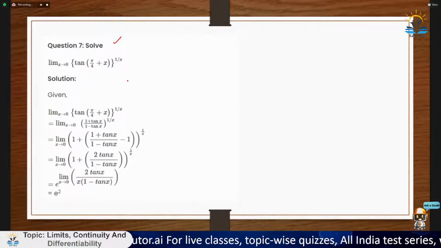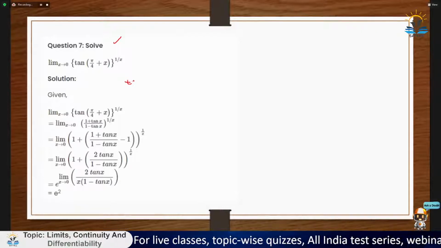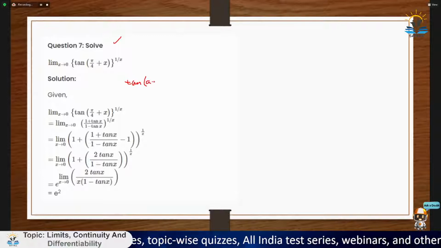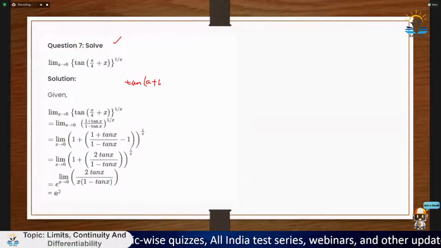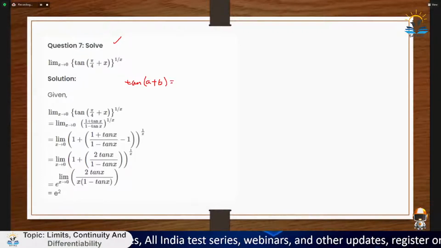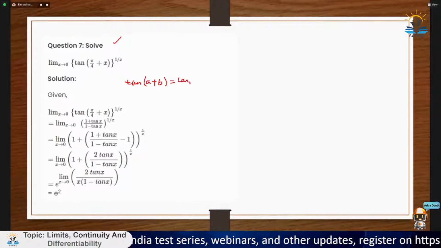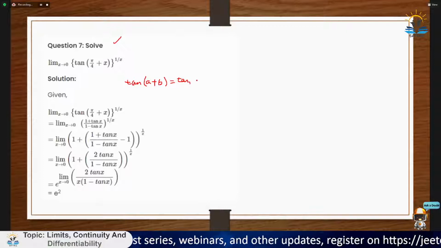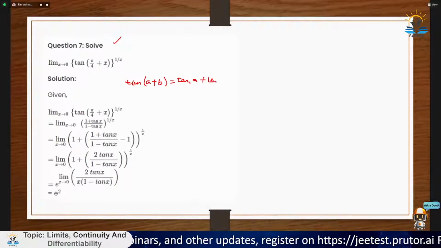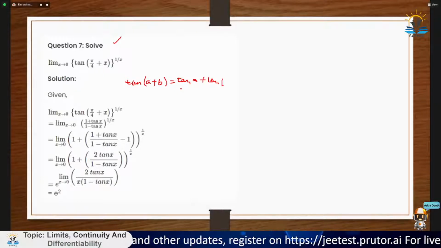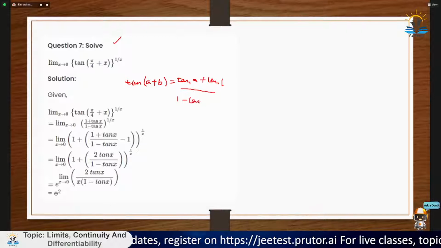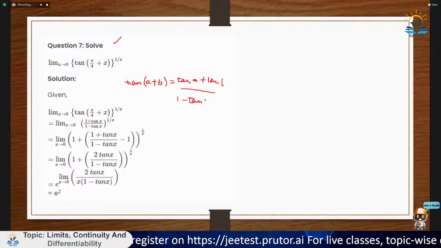Simply open this thing. The formula for tan of a plus b is tan a plus tan b divided by 1 minus tan a tan b.